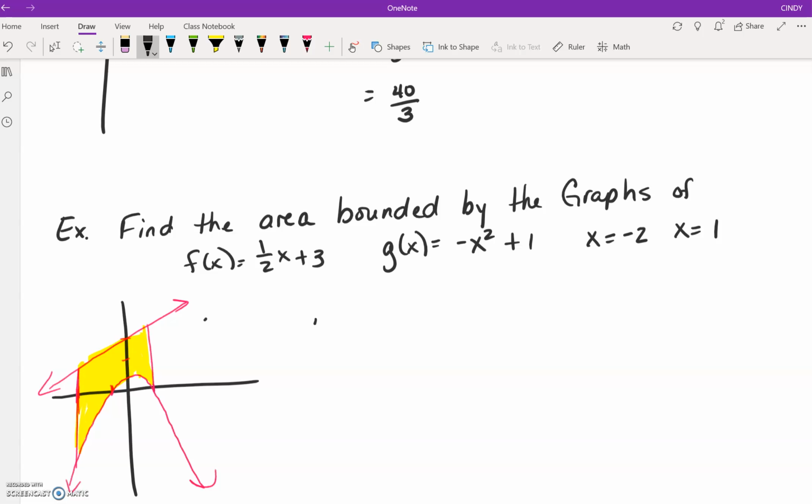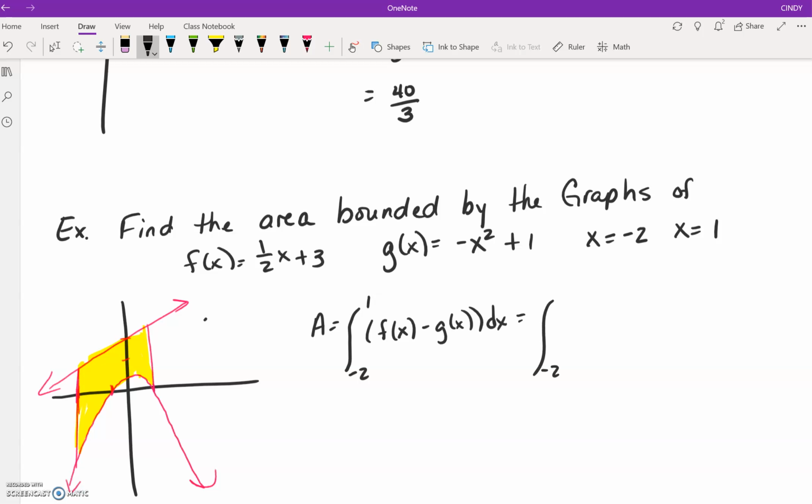Okay, so the area is going to equal the integral between -2 and +1 of, it's always the function that's on top over the function that's on the bottom. So f is on the top, so it's going to be f of x minus g of x dx.